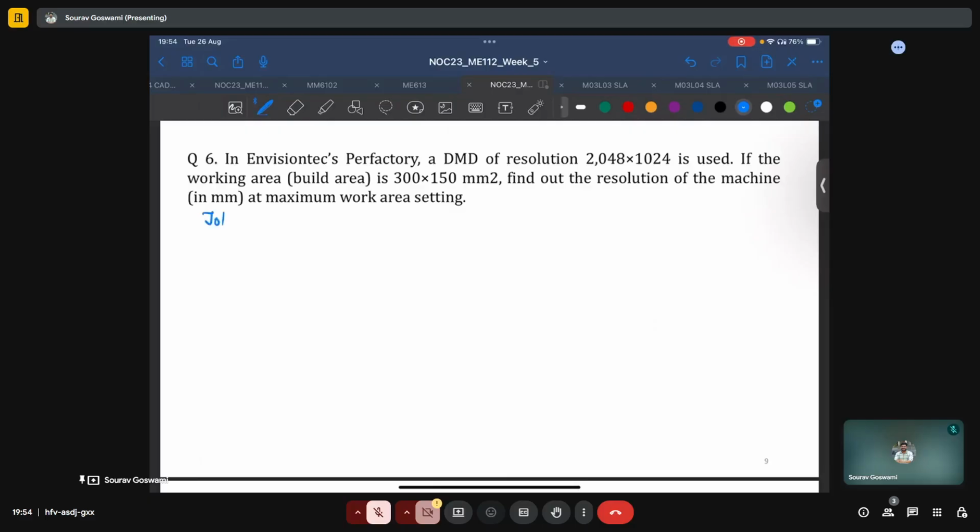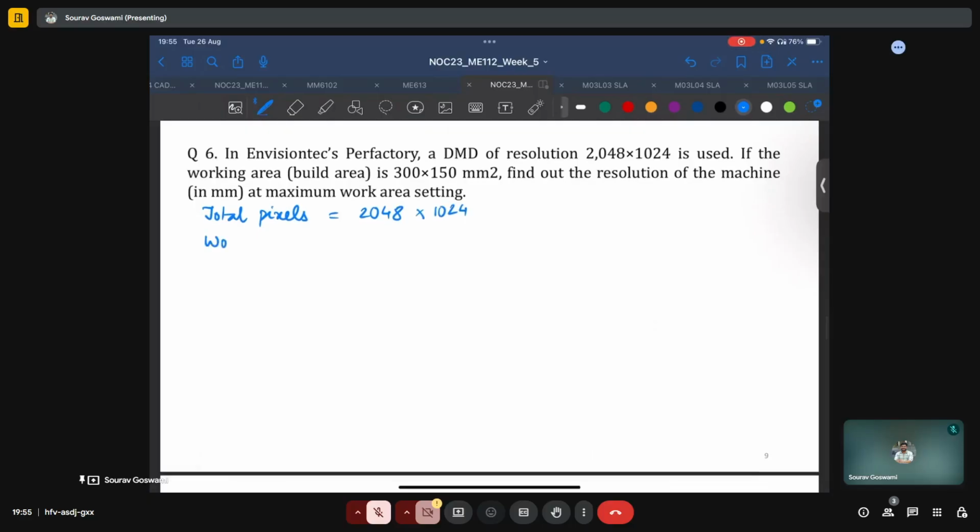The total pixels available to us are 2048 into 1024, while the working area available to us is 300 into 150 mm square. This entire working area has to be shared by the pixels.